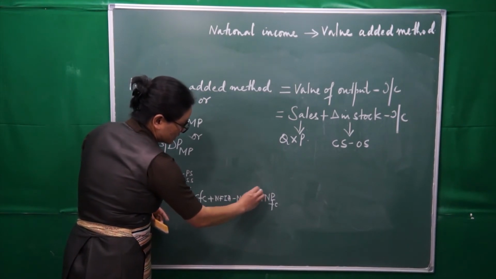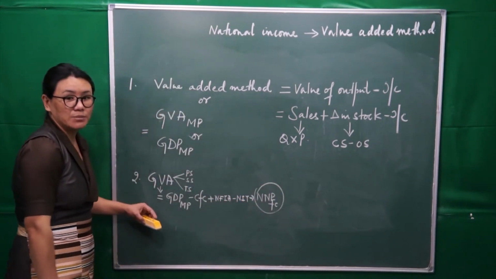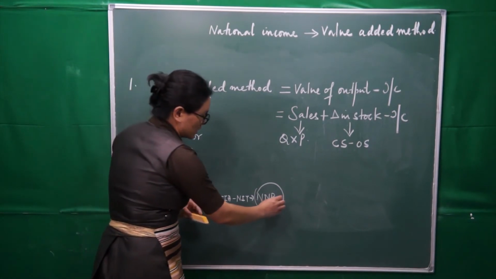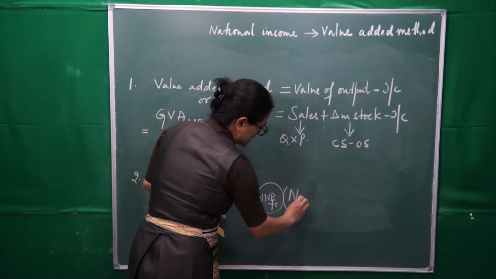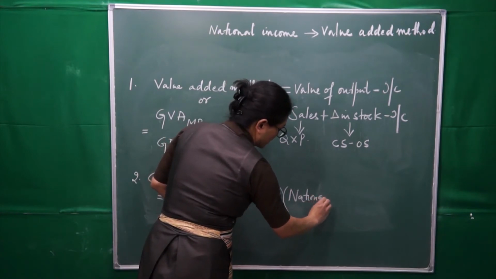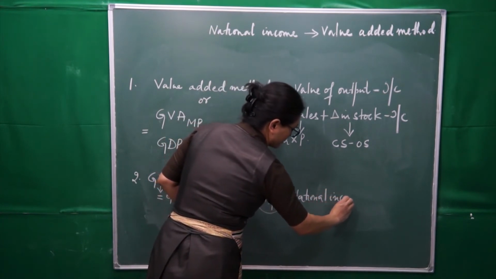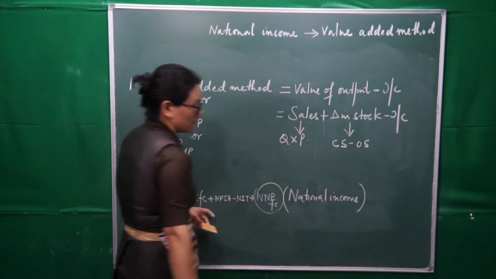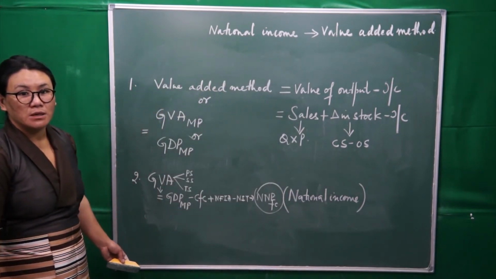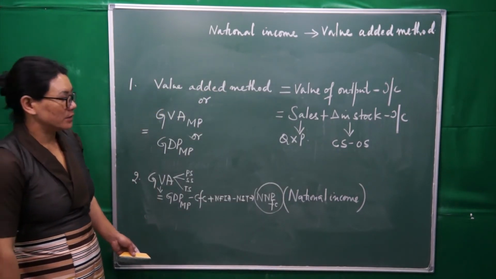We will get NNP at factor cost. NNP at factor cost is nothing but the national income. Right? Is that clear? Okay.